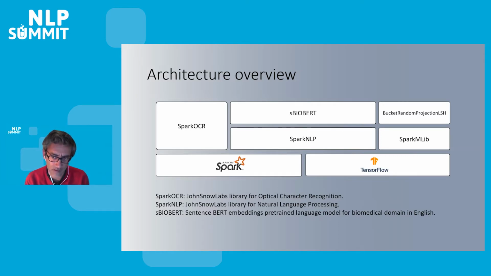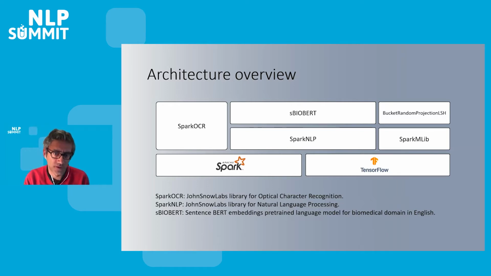And in parallel, we will use the Spark machine learning library, the open source Spark library, and specifically this bucketed random projection LSH annotator that is able to cluster and to improve the performance of the system, as we will see later.